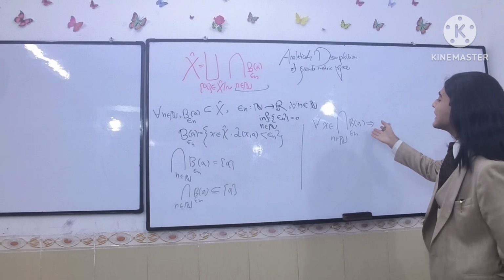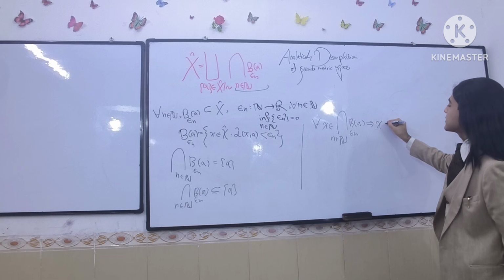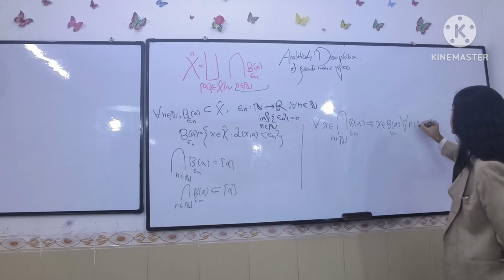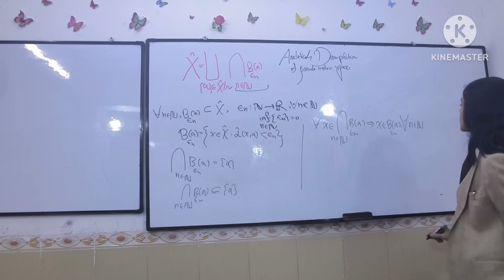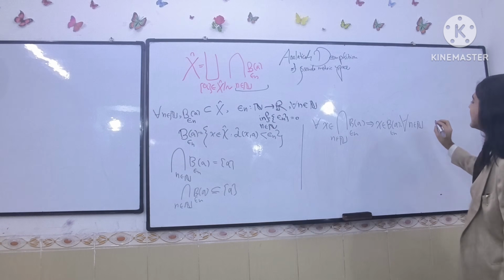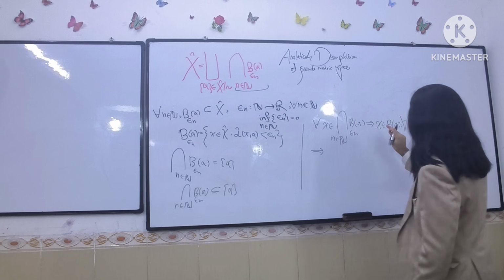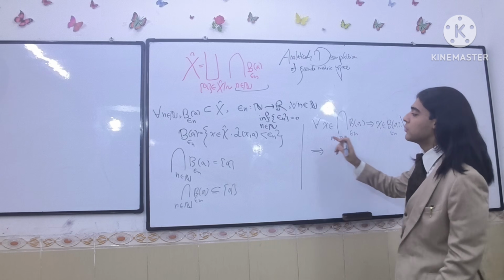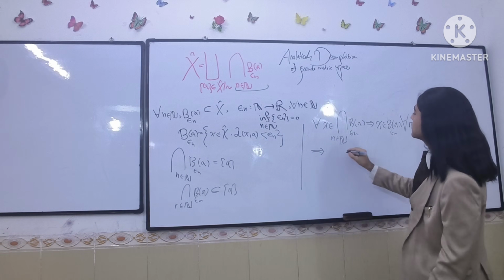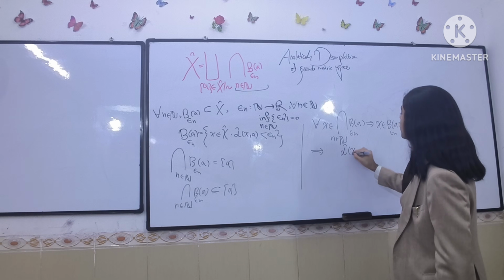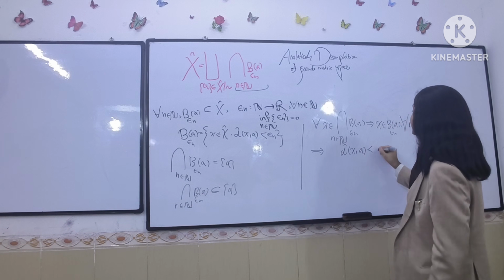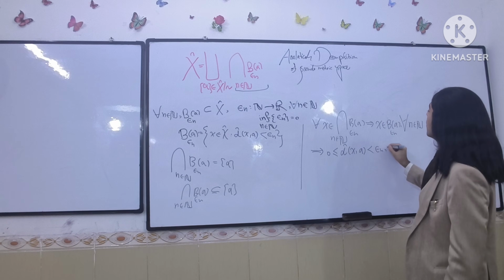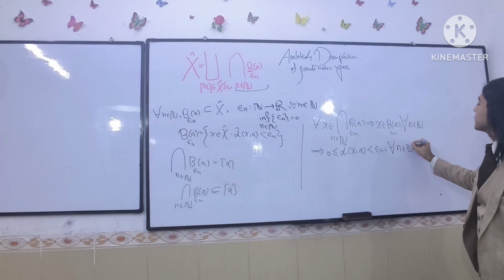That means x is an element of B(a, epsilon n) for all n natural numbers. By the definition, this leads us to conclude that the metric of x and a is greater than or equal to 0 and less than epsilon n, for all n natural numbers.